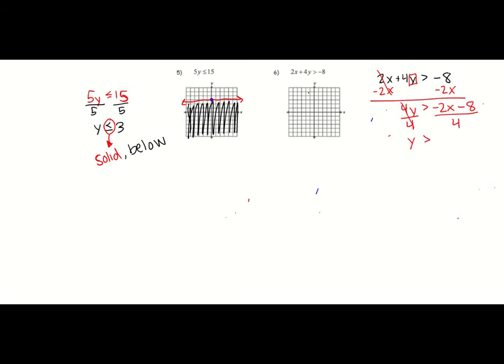Okay, y is greater than negative 1 over 2x minus 2. Now I have it in y-intercept form, so I can see this is my b. I'm going to put that on here first, y is negative 2. Then from there, I'm going to go down 1 and over 2.